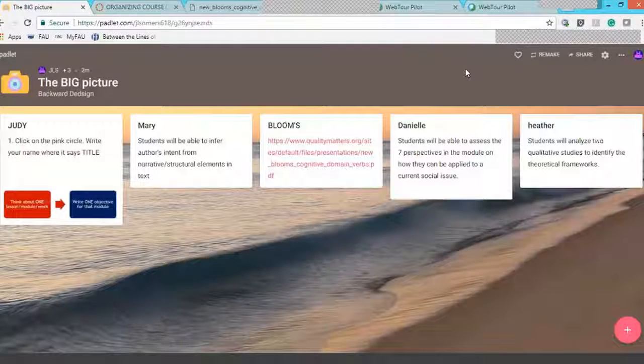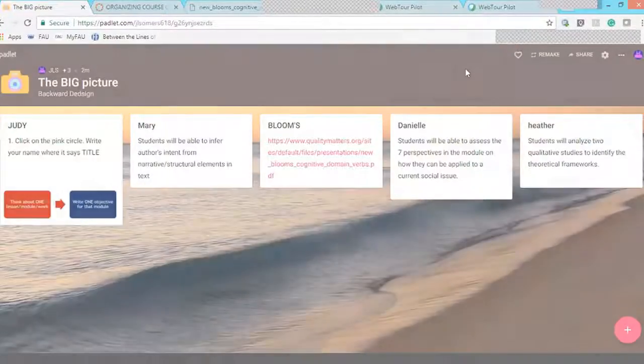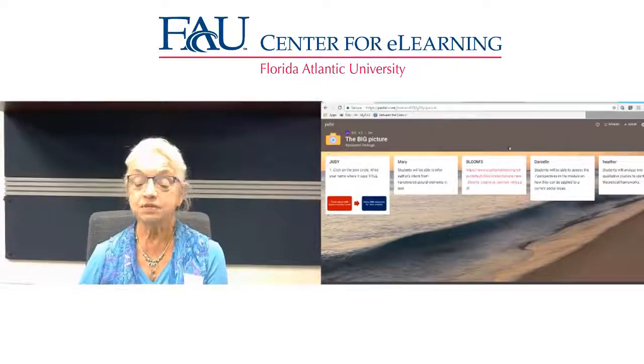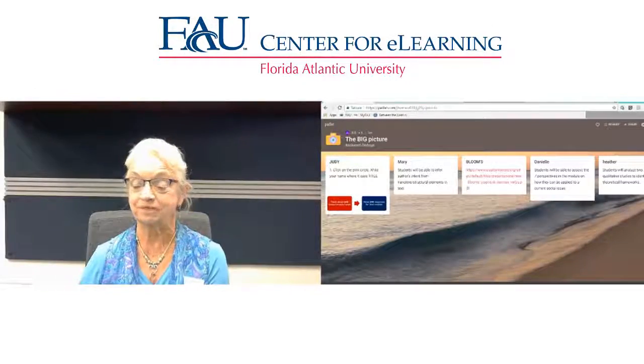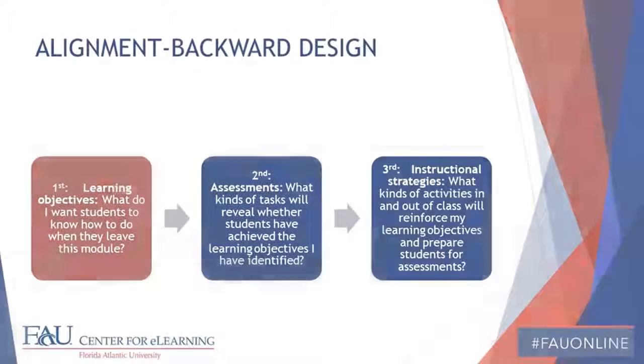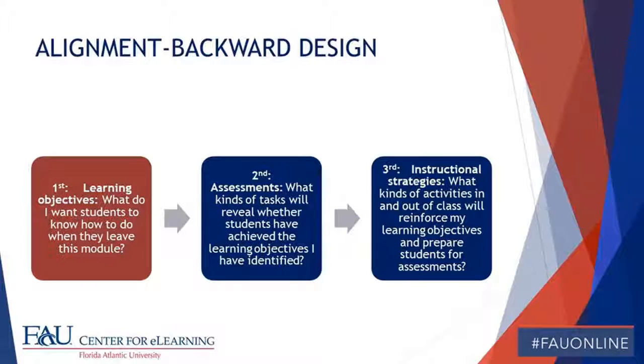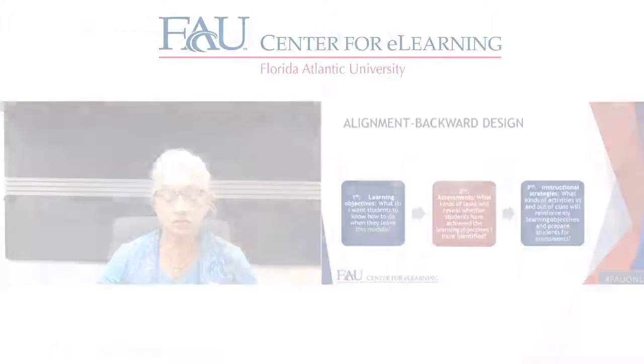No, we're going to be coming to that. What you're doing is taking care of the next step, and then you will see how it all fits together. Okay. Thinking about the assessments, the question you ask yourself is, what kind of tasks will reveal whether or not the students have achieved the learning objective I have identified.